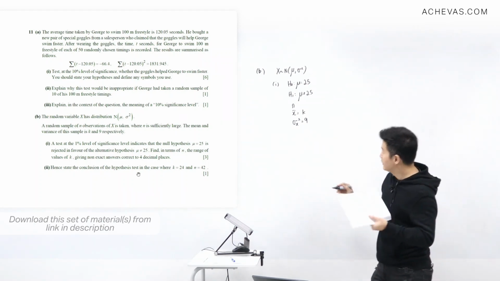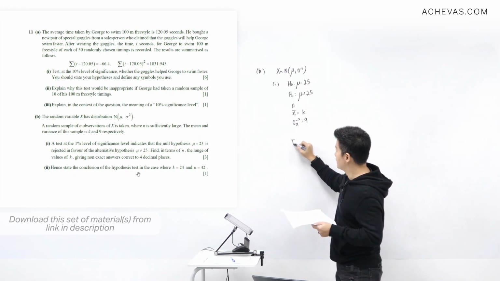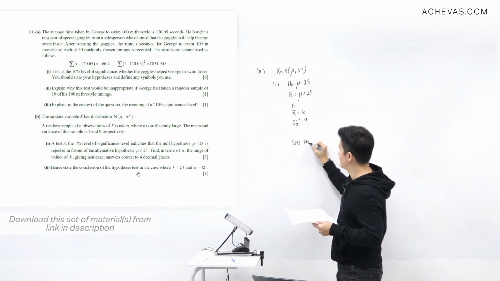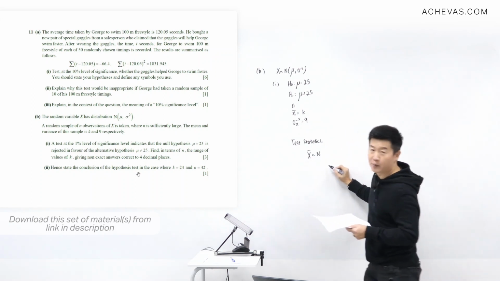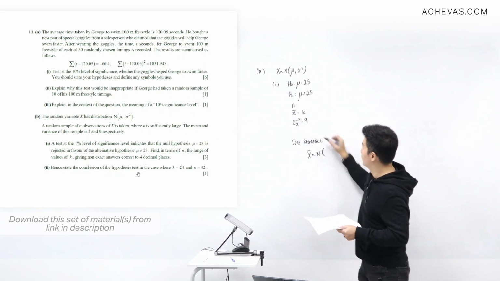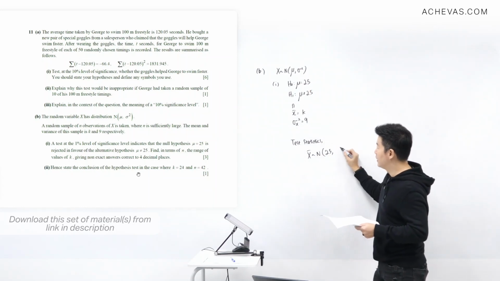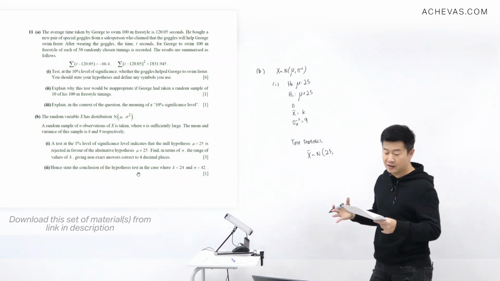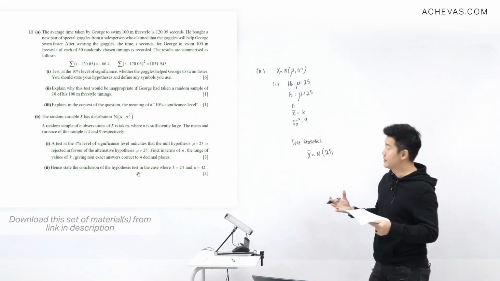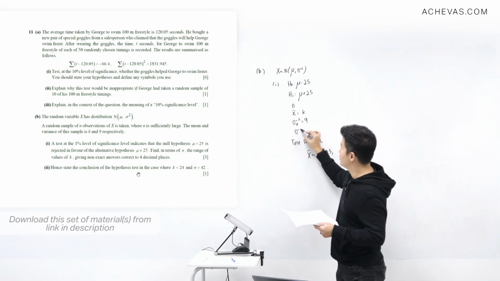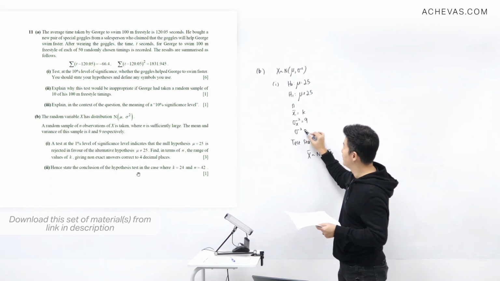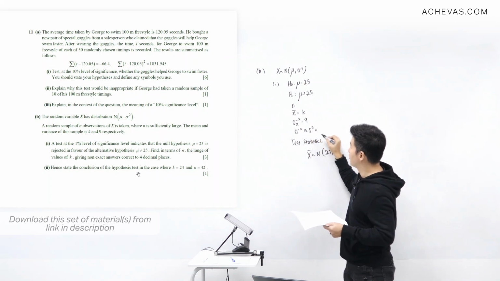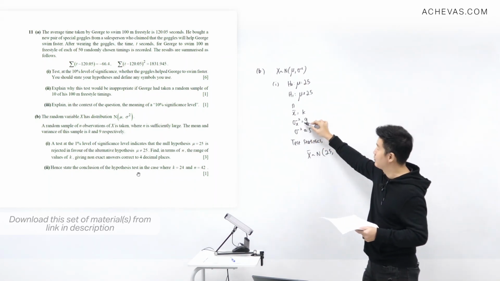And based on this, we can actually try to write down the test statistics first. The test statistics is going to be X bar, which will follow a normal distribution with a mean of 25 and a population variance. Okay, again, just like part A, we don't know what the population variance is. So for the population variance, we're going to try to estimate it based on the unbiased estimate of the population variance, and we're going to make use of the sample data.